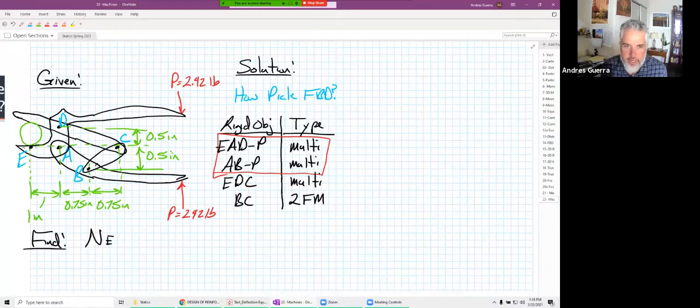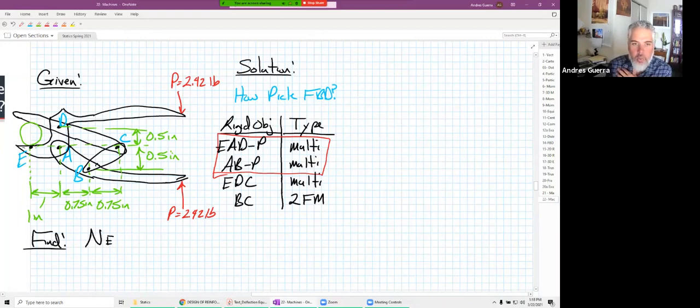B to C doesn't have any known values in there. We talked last time about how we could look at the FBD of the whole thing. The problem with pliers is that when we have 2 equal and opposite forces, if we do the FBD of the whole thing, those 2 equal and opposite forces end up canceling out in our FBD. So we aren't able to really solve for much when we do that. So we're not going to look at the FBD of the whole thing for this one, but we certainly could think about doing that.